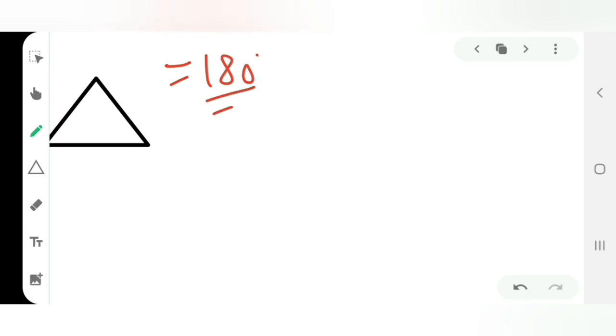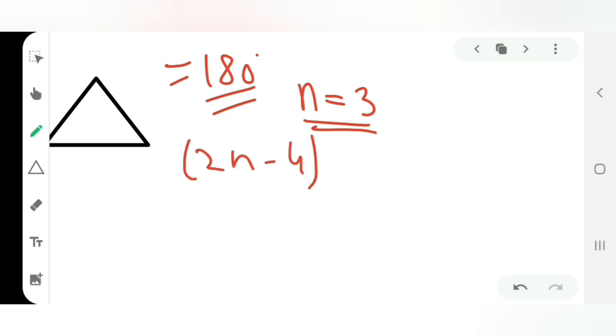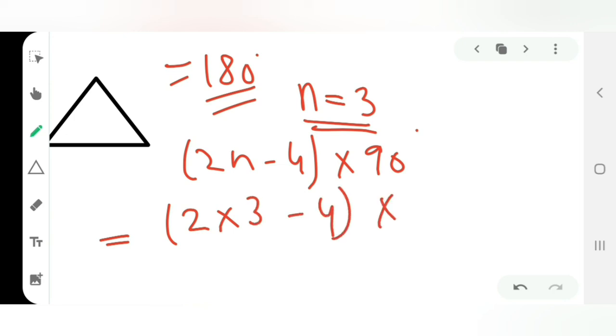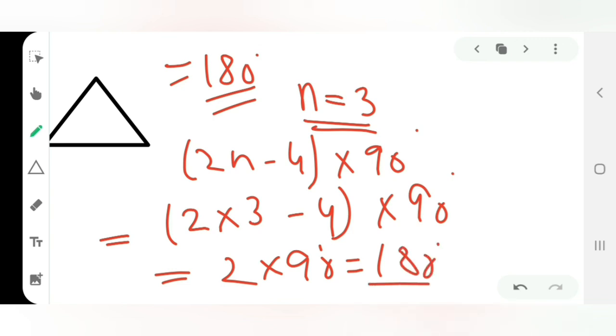So let's prove this by this formula. How many sides are there? There are 3 sides. And the formula for the sum of the interior angles of a polygon is 2n minus 4 into 90 degree. So what is n here? It is 2 into 3 minus 4 into 90. So 2 threes are 6, 6 minus 4 is 2, into 90 degree. So it is equal to 180 degree. It is proved. Clear? So this formula is true.